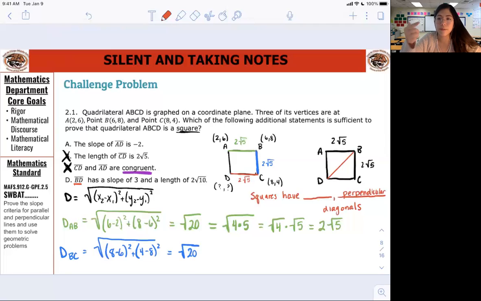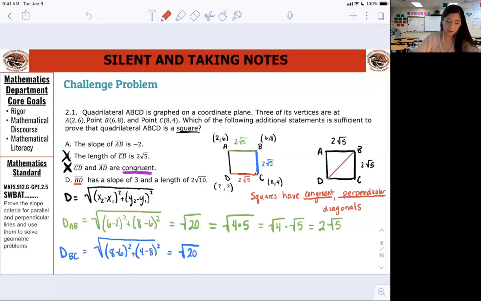Squares also have congruent sides, but I'm talking about diagonals here. So squares have perpendicular diagonals and squares have... What else is true about the diagonals? Congruent diagonals. Yeah, they're also congruent. Squares have congruent perpendicular diagonals.